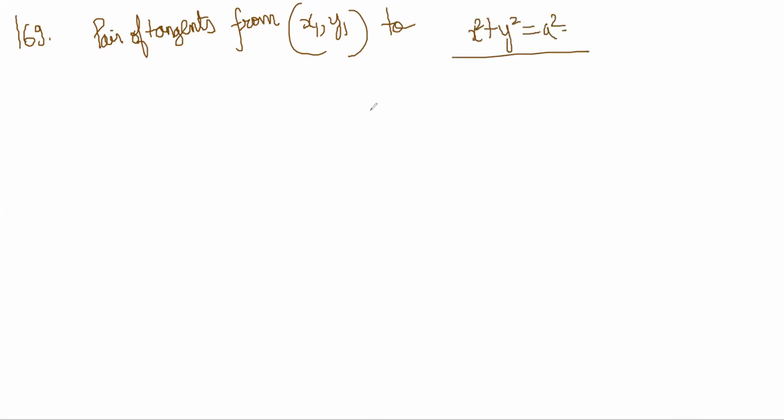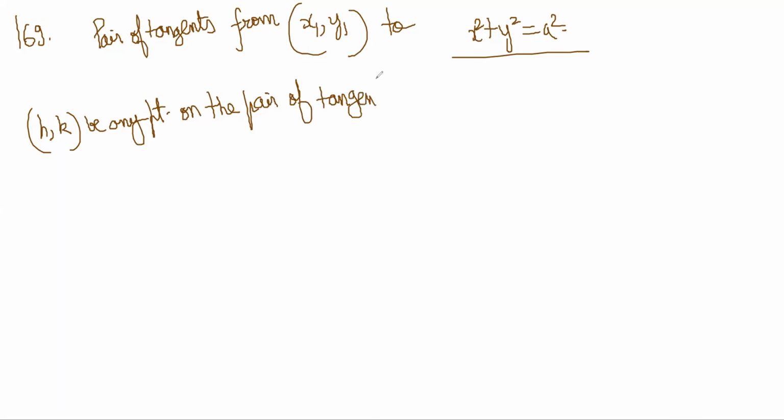Now how he is doing it is he's saying let hk be any point on the pair of tangents, right? Pair of tangents. And he will say that equation of hk will be basically y minus y1, right?